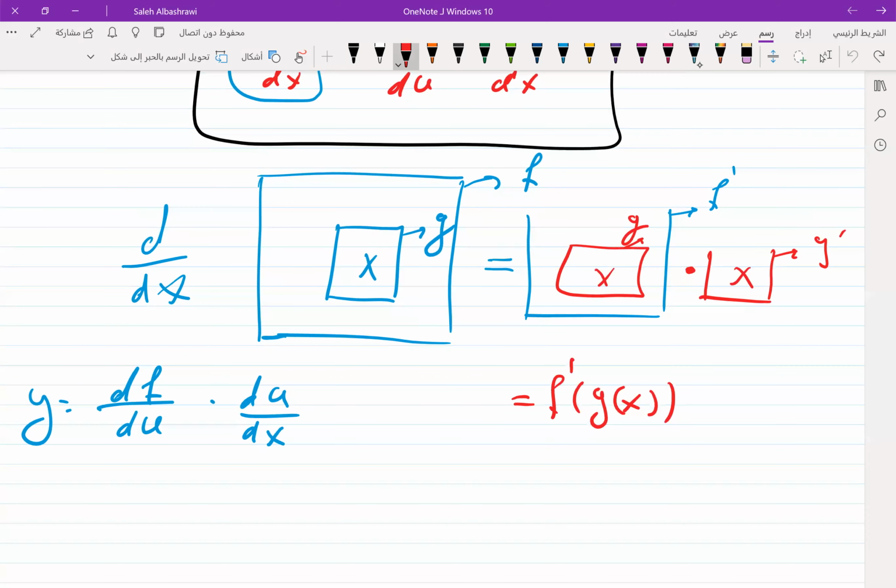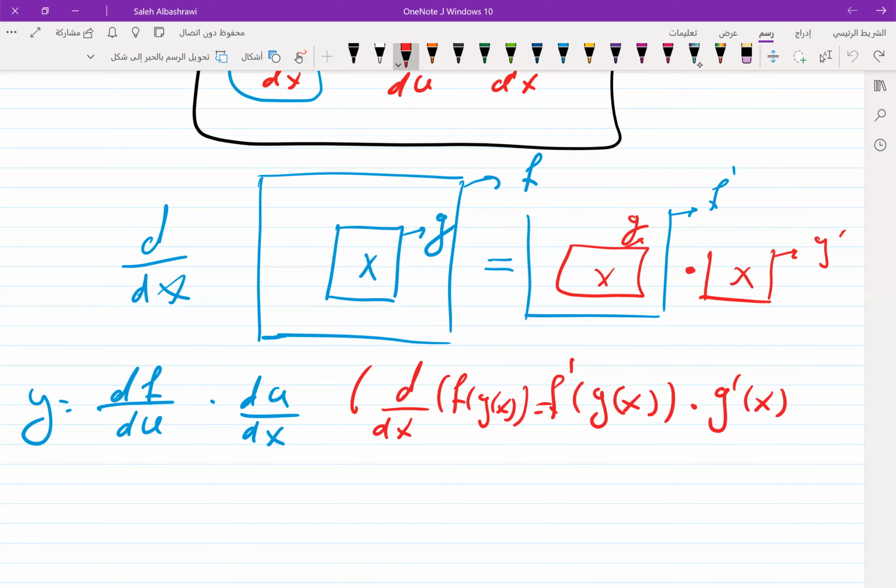So the chain rule, d by dx of f of g of x, is like opening two boxes. The outer box is f prime, then open the interior one, which is g prime of x. So the chain rule is just find the derivative of the outer function, then multiply by the derivative of what is inside.